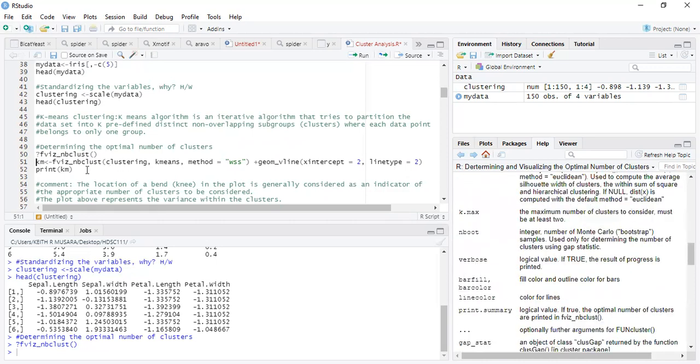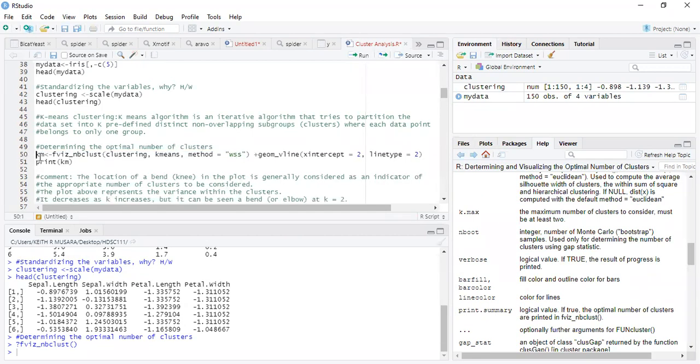Here I've placed a few commands for you to understand the basic functions about clustering. I've said k-means is equal to this function, and then I call my data set, which is clustering, and k-means is the method, with WSS.